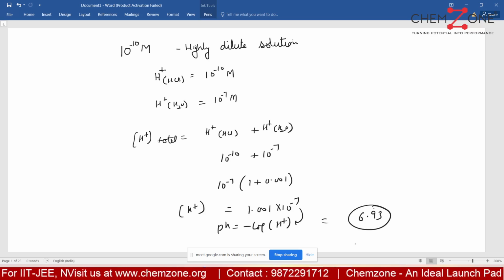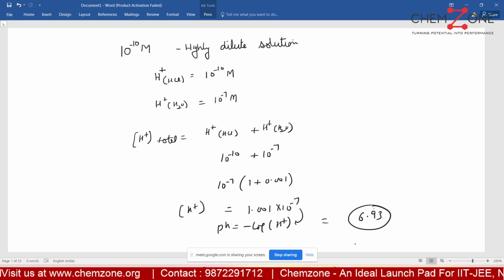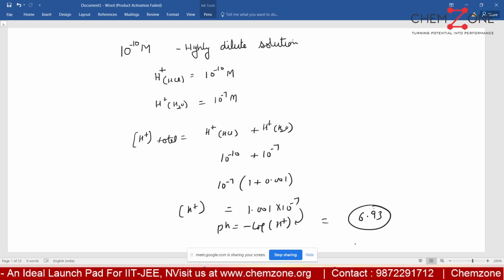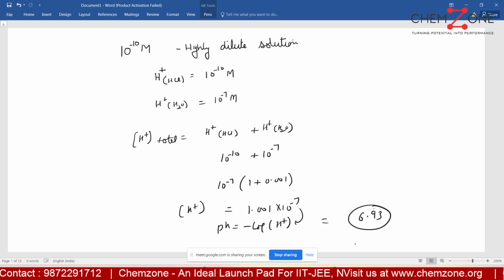So here you have to count the H positive ion concentration coming from the water. The total H positive ion concentration will be equal to the H positive ion coming from the acid and coming from the water molecule.